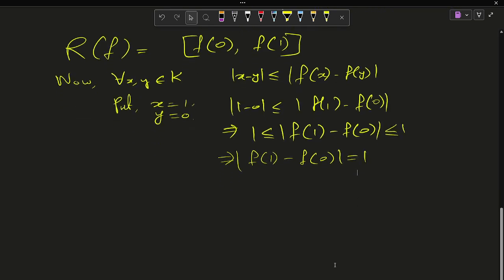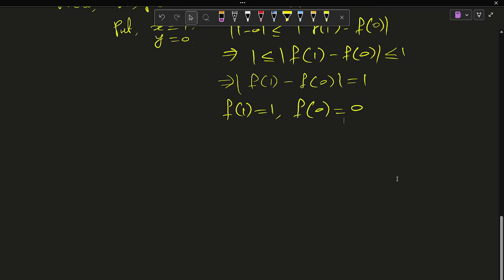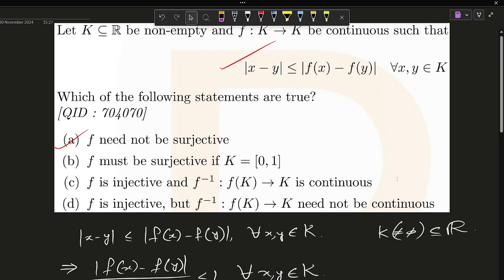As this is a strictly increasing function, we can take f1 to be 1 and f0 to be 0. Then our function must be surjective if our domain is [0,1]. So our option B is correct here.